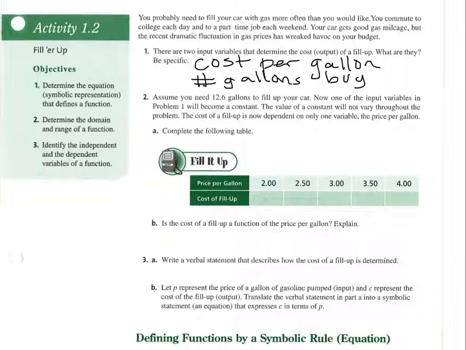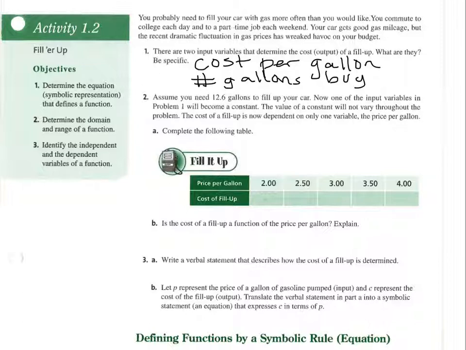Number 2 says, okay, so now let's make one of those things a constant so we don't have to worry about it. So we're taking the number of gallons out of this equation, saying that's a steady 12.6. Now our input variable is really just going to be our cost per gallon. That's what's going to vary. So we're going to fill in this table for different costs per gallon.